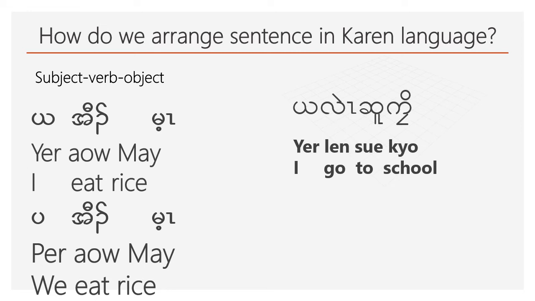And this is how you use the first person narrative. Giờ me, I. Bờ me, we. So as you can see, giờ me, bờ me, giờ le su jo.